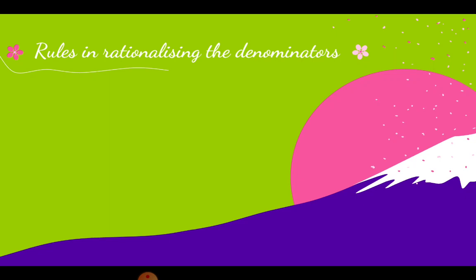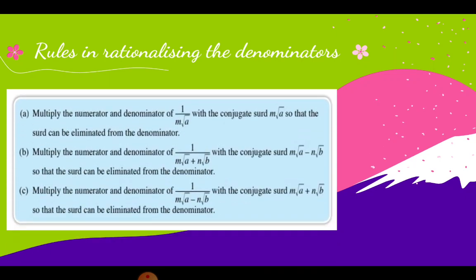The rules in rationalizing the denominators. So basically there are three rules. The first one: multiply the numerator and denominator of 1 over m surd a with the conjugate surd m surd a, so that the surd can be eliminated from the denominator.